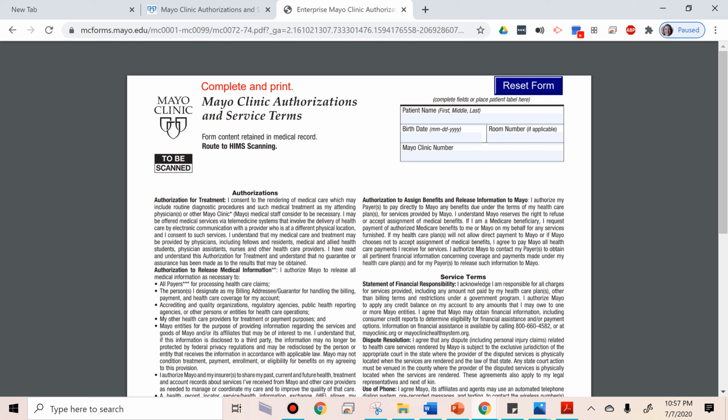I understand that my medical care and treatment may be provided by physicians, including fellows and residents, medical and allied health students, physician assistants, nurses, and other healthcare providers. I have read and understand that no guarantee or assurance has been made as to the results that may be attained.